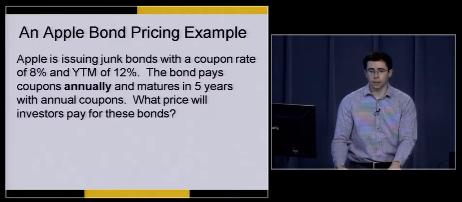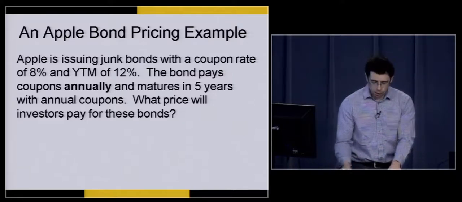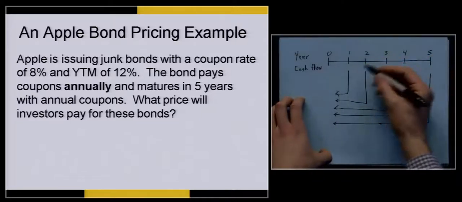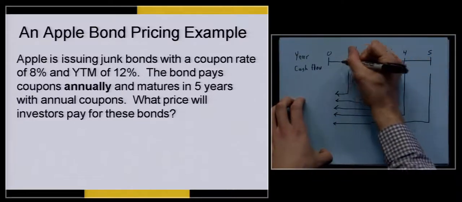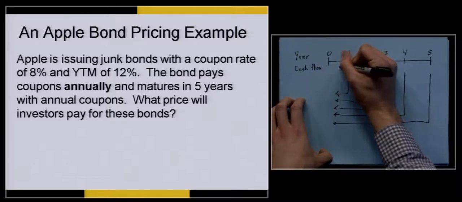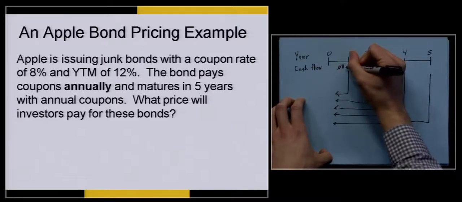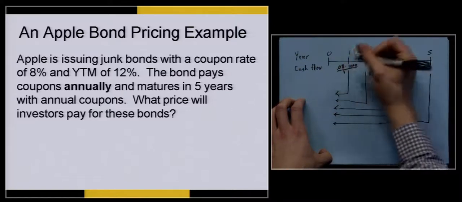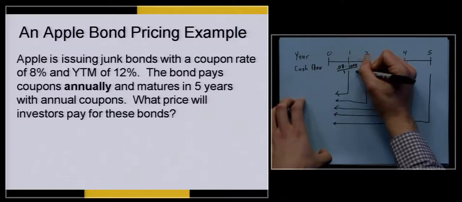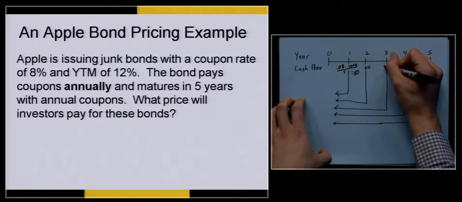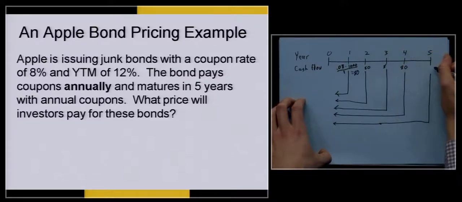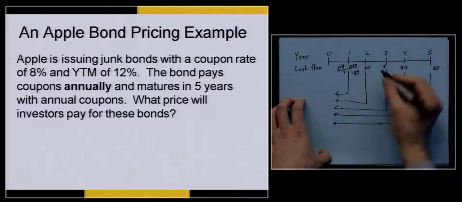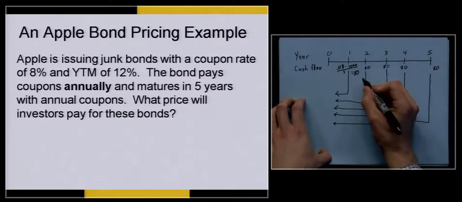That's something you'll see exactly why it's such a big issue in a few seconds. So our coupon in years 1, 2, 3, 4, and 5 is going to be 8%, or 0.08, times our face value divided by 1 payment per year. So this is going to be equal to 80. Year 2, year 3, year 4, and year 5, we're all going to have cash flows equal to 80.